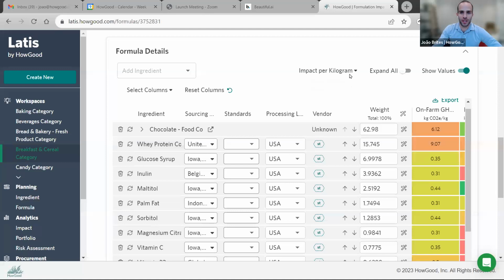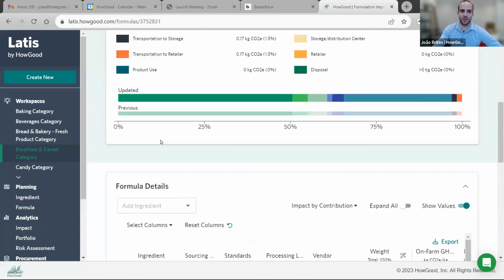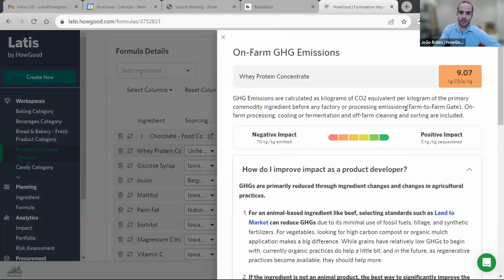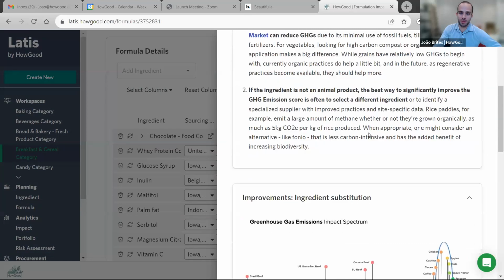If we look at the impact by contribution, the two biggest ingredients that drive most of the emissions are the chocolate and the whey protein concentrate for this snack bar. Now in the HowGood system, if you click on any given data point, you can see how you can improve the impact as a product developer.